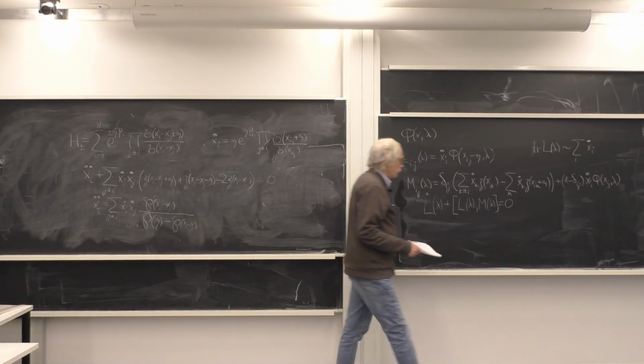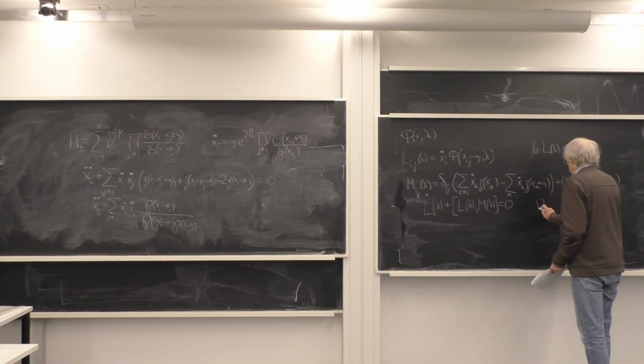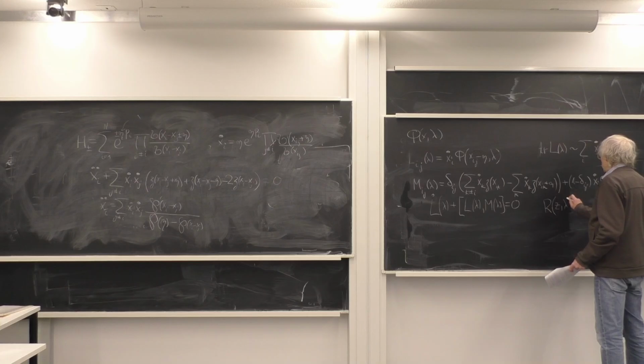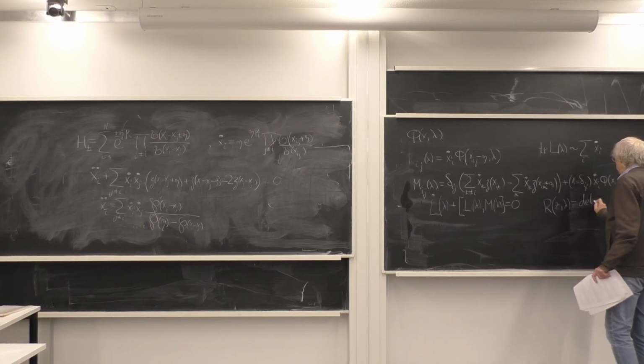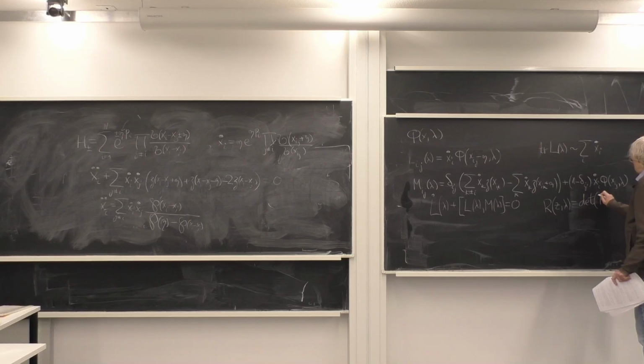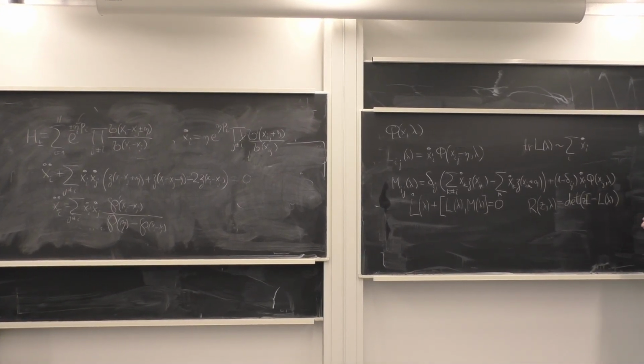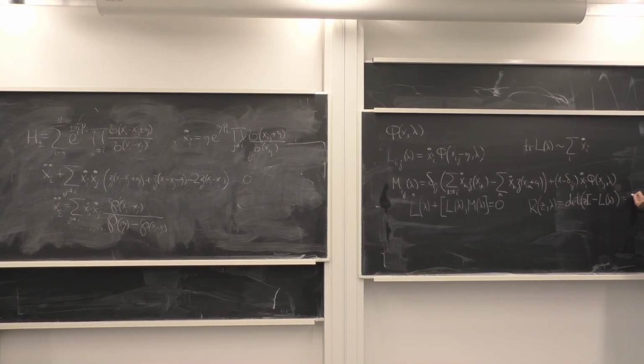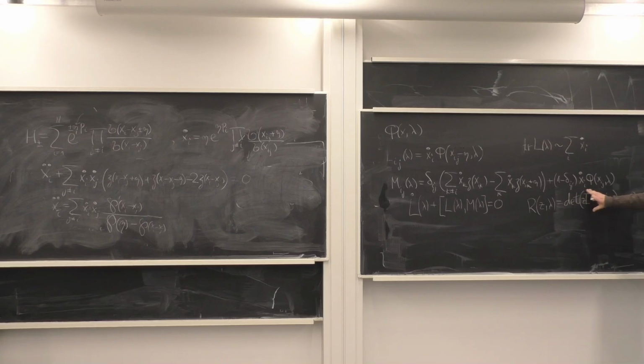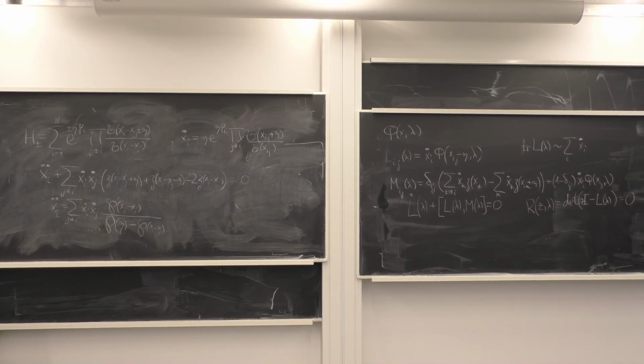We can also introduce a characteristic polynomial of the Lax matrix in the usual way. And in a way similar to the Calogero-Moser model, the equation that it is equal to 0 defines a spectral curve.